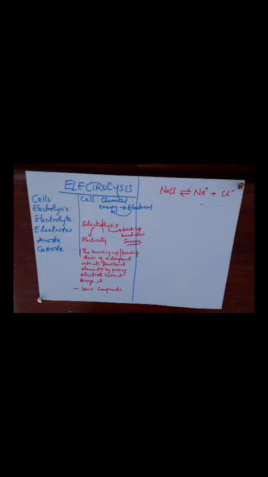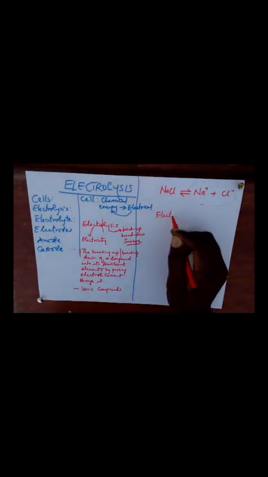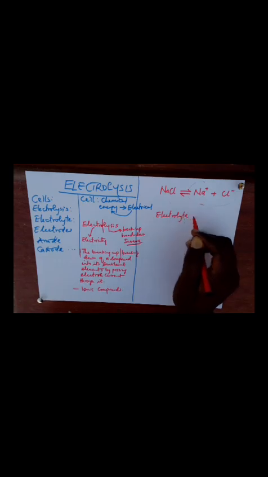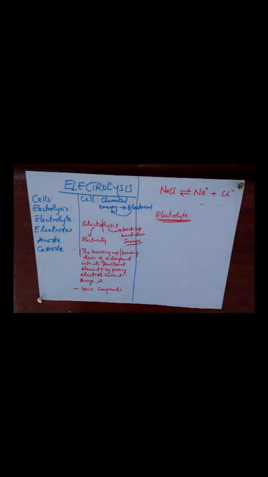So let's talk about electrolytes. An electrolyte is a solution of an ionic salt in water or in any other solvent that will allow its ions to move about to conduct electricity actually.